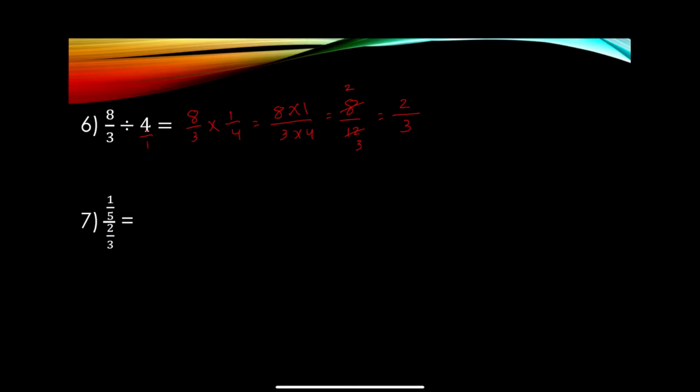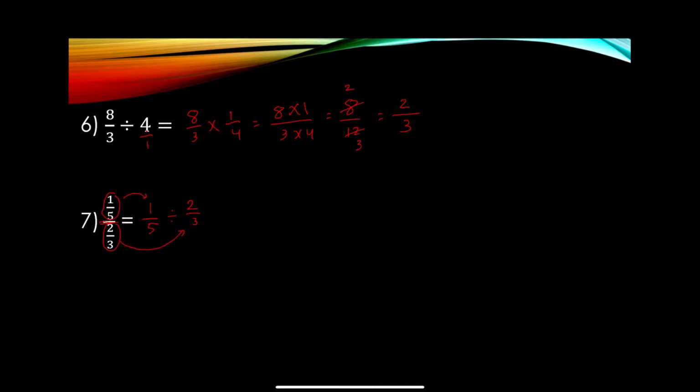Now what about this? Question number 7. 1 over 5 over 2 over 3. Actually, I can rewrite it as 1 over 5 divided by 2 over 3. So I took the first fraction, put it here, and then the second fraction, and put it here.